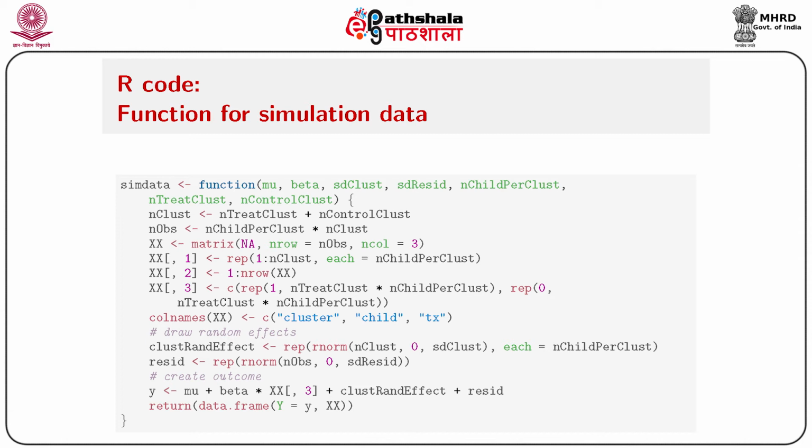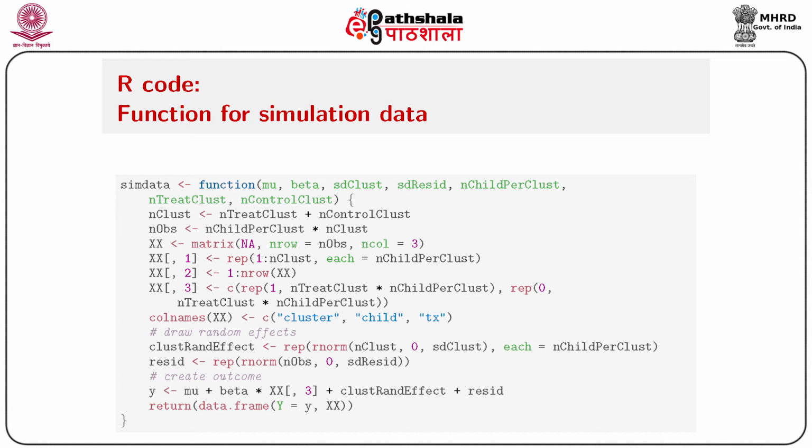So the first column xx1 is the replicate of 1 to n cluster, each n child per cluster, and the second column is 1 to n row of xx, and x3 is the replicate of 1, n treatment cluster times n child per cluster times, and then replicate 0 for n control cluster times n child per cluster.